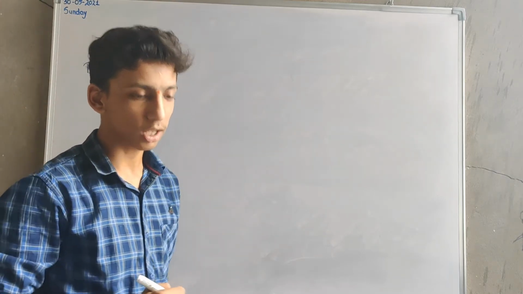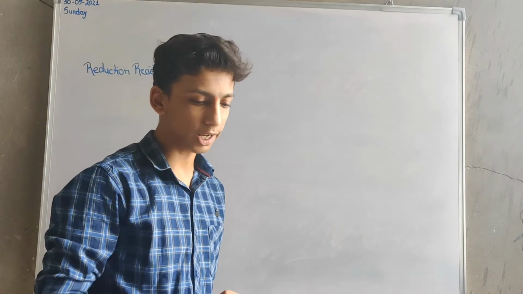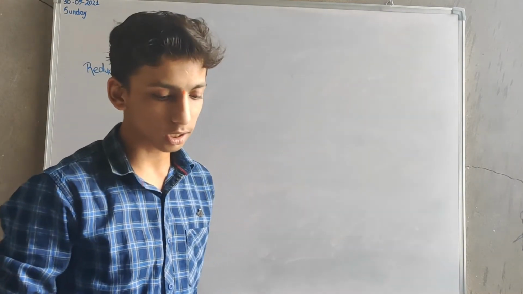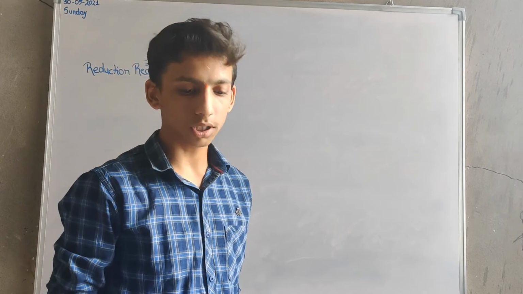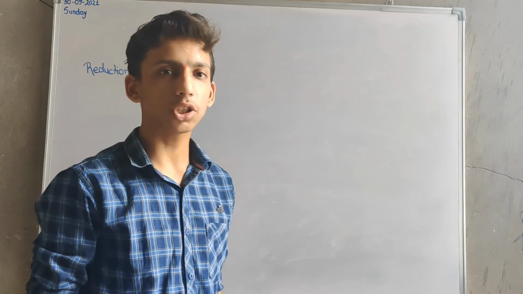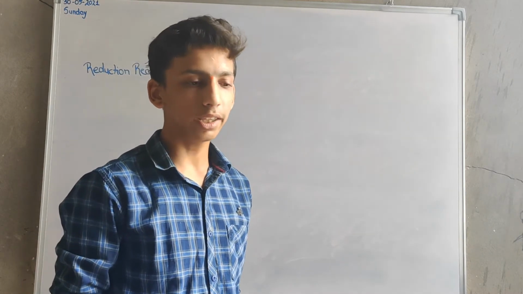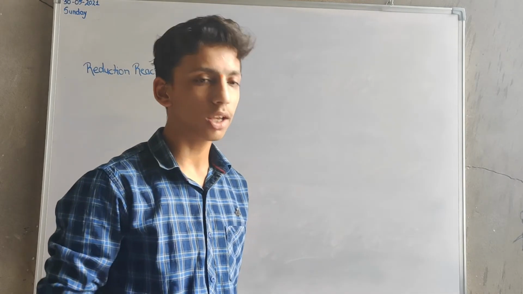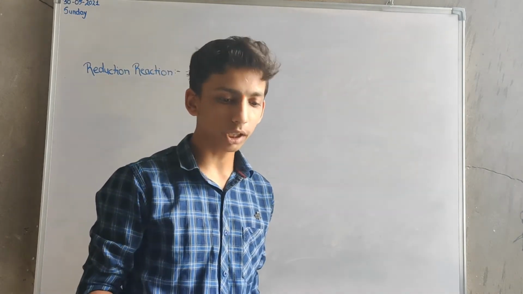What is a reduction reaction? It is totally opposite of an oxidation reaction. Where in oxidation reactions oxygen was added, here oxygen is removed. In oxidation reactions hydrogen was removed, here hydrogen is added. Electrons were lost in oxidation reactions, here electrons are gained, and the numerical value decreases.